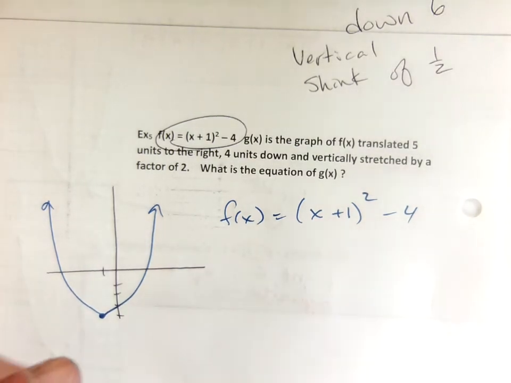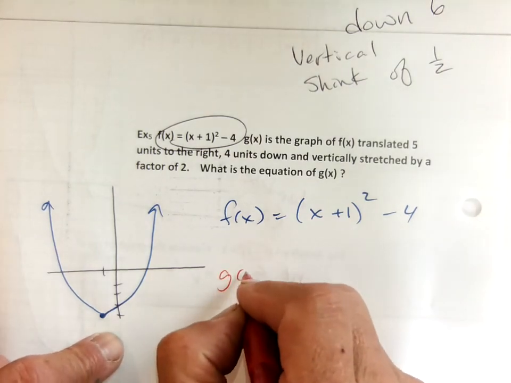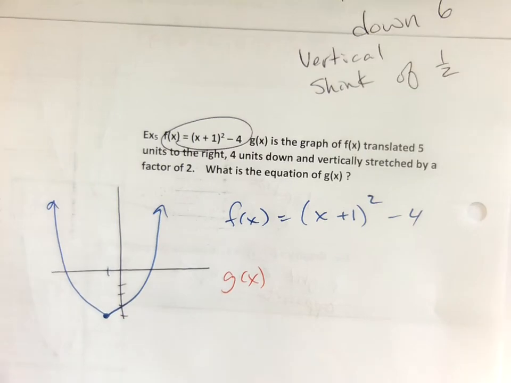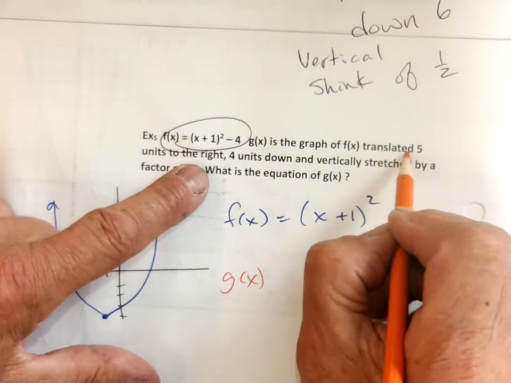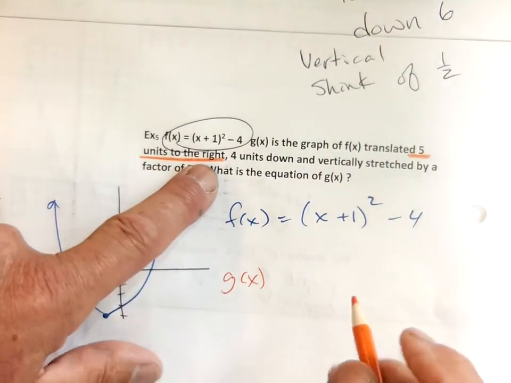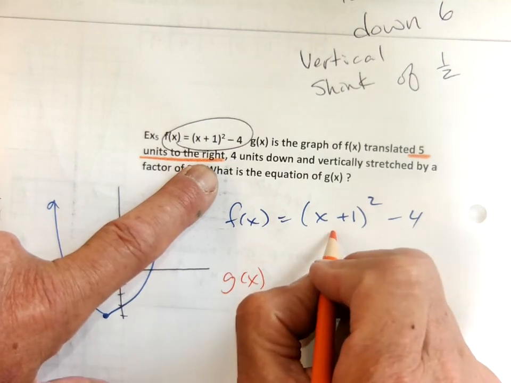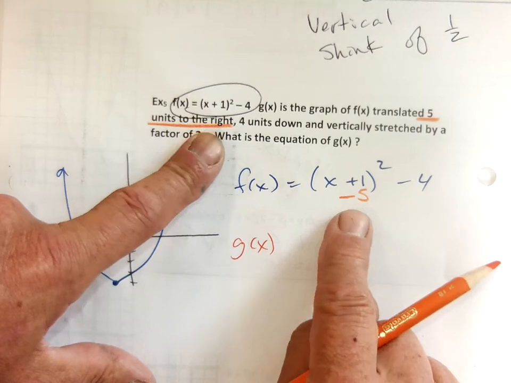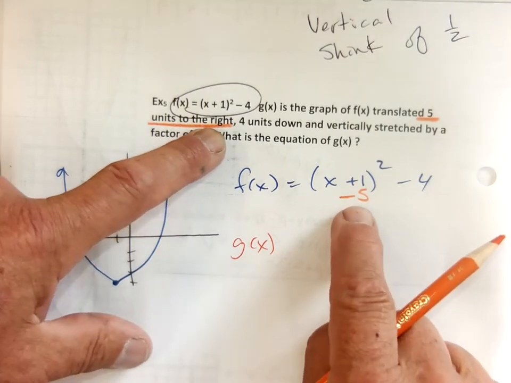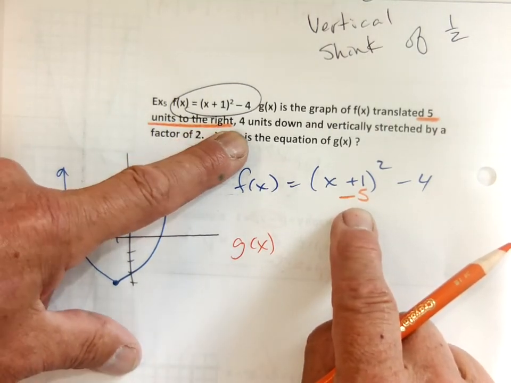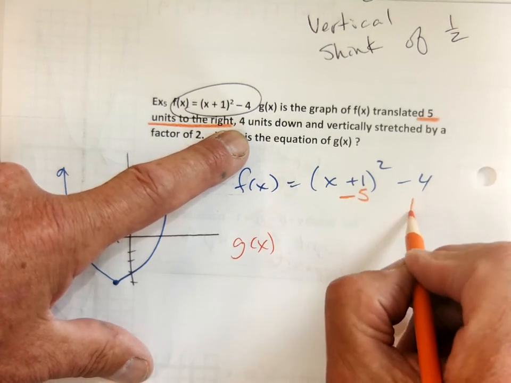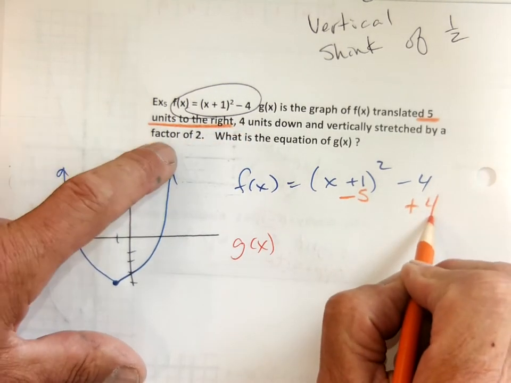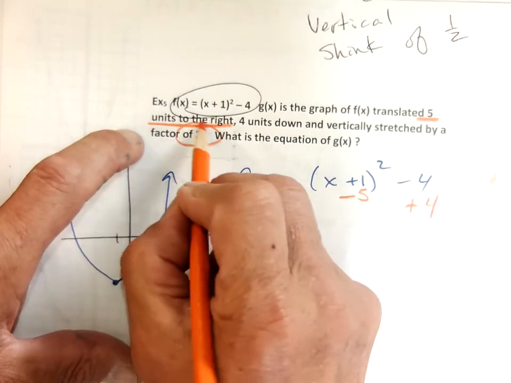So, to make a new equation, g of x, I'm going to take this graph. I'm going to go 5 units to the right. So I'm going to go minus 5 inside. I'm going minus 5 because I'm going to go the opposite, right? 4 units down. And then I'm going to stretch it by 2.